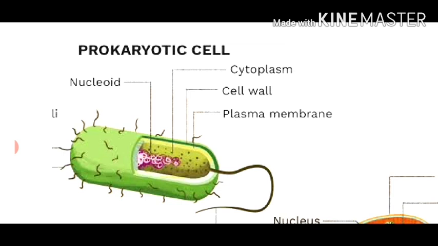The cells which have the nuclear material without a nuclear membrane are called prokaryotic cells, and organisms with these kinds of cells are called prokaryotes. In the word prokaryotes, pro means primitive and karyon means nucleus. So, they have a primitive nucleus, which is not well organized as it does not have a nuclear membrane.